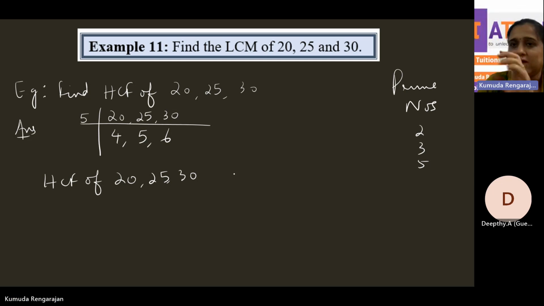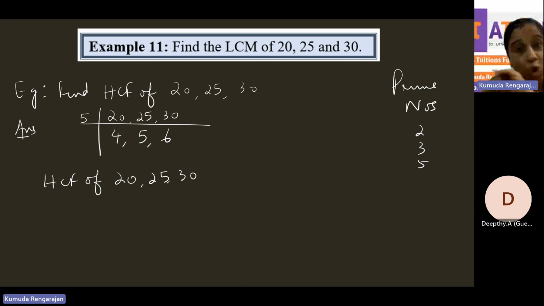For LCM, if you take 2, it's enough if at least one number is divisible by 2.